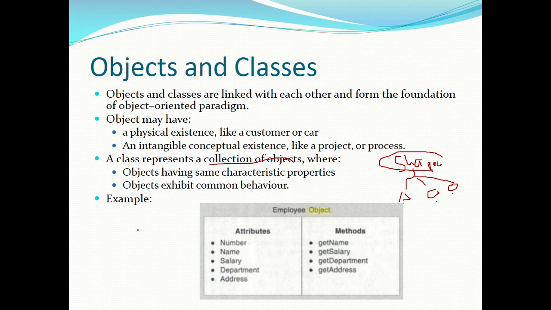All these employees have things in common: a number, a name, a salary, a department, an address, and these methods are common to all the employees. So we group these objects in a class called employee. This is an example of a class that represents a collection of objects having the same characteristics and exhibiting common behavior.